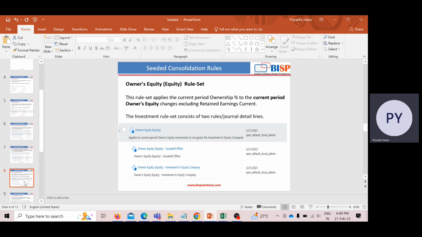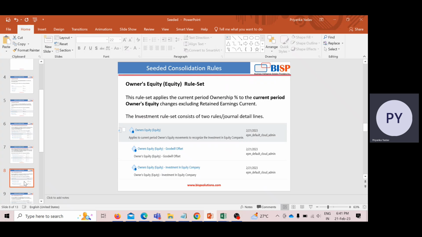Then next we have owner's equity rule set, which provides similar treatment as in owner's equity, subsidiary or proportional. But there is one change, that it recognizes investment in equity companies.